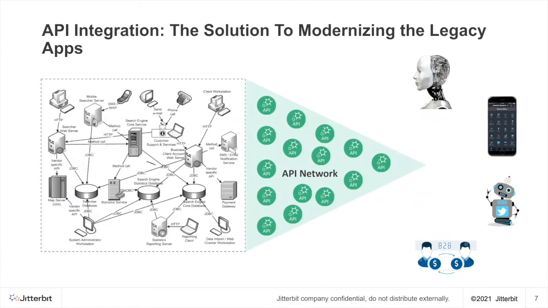Now all that complexity is gone. All the right-hand side apps see is a network of API, a clean interface, which each developer can use without worrying about any business logic specific to those systems.